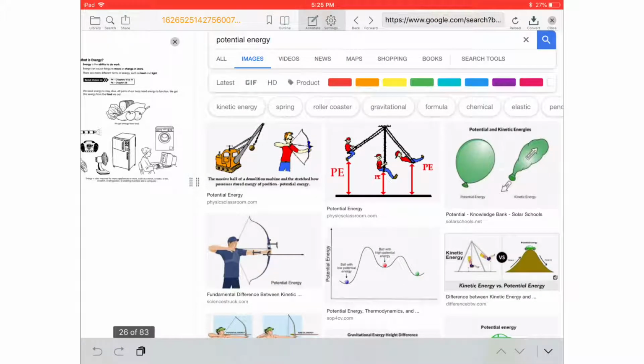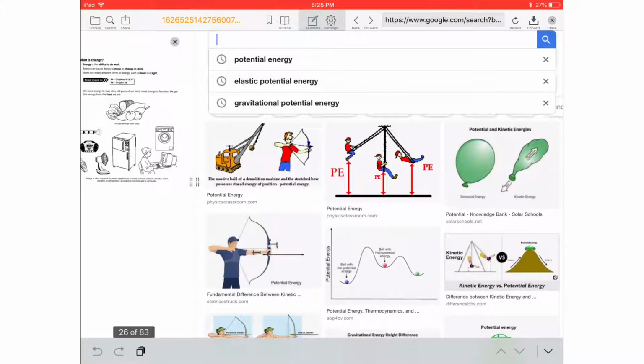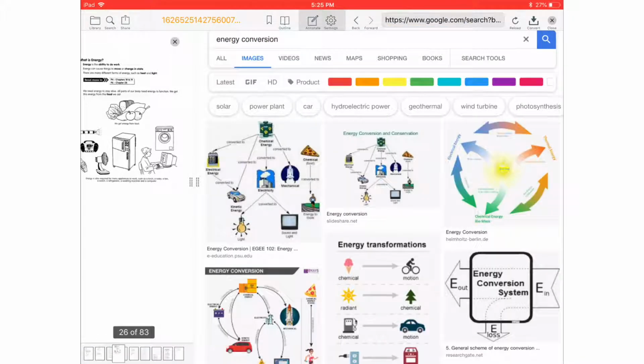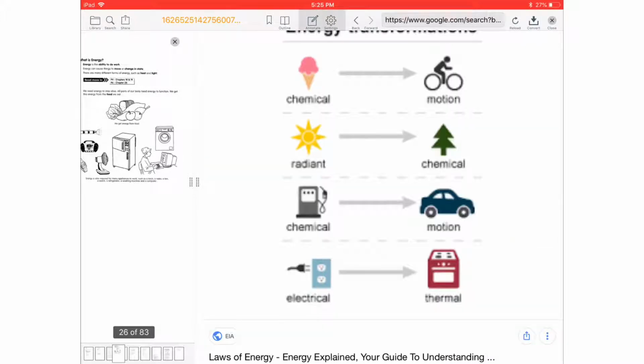Energy conversion. Let's take a look. So this one is food converted to movement, because this guy eats ice cream so he can cycle. Over here there's chemical potential energy. Now when he's cycling, what type of energy is that?